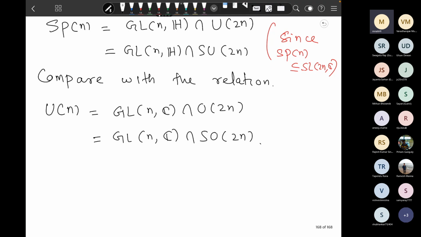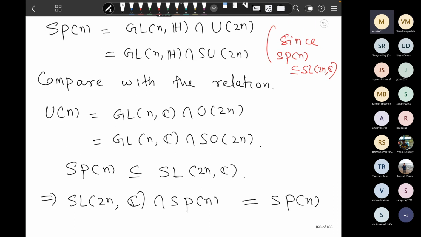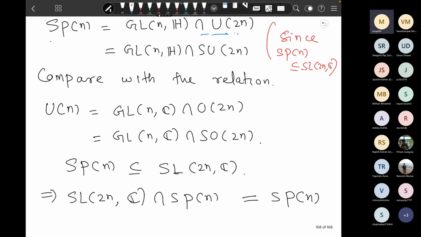Okay, so now another thing, Sp(n) is contained inside SL(2n,C). Okay, so this implies SL(2n,C) intersection Sp(n) is your Sp(n). Is that clear? Now I will use this relation, Sp(n) is equal to GL(n,H) intersection U(2n).